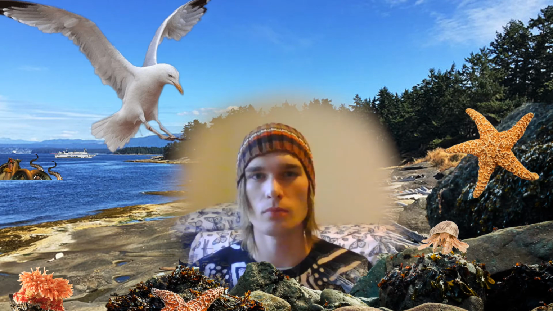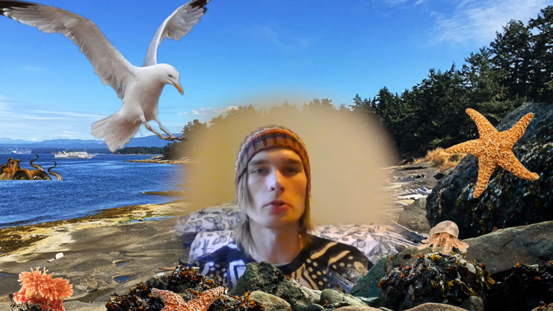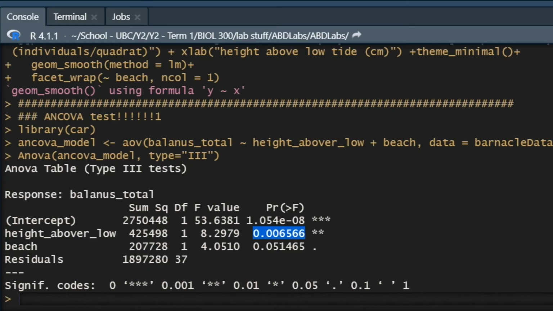Essentially, it compares these two scatter plots against each other to determine multiple things. It can help me determine whether height plays a role, and whether the beaches play a role, in determining the invertebrate counts. I have one of these up here for the Balanus totals, so this would be the height playing a role in the Balanus counts. You can see I got a p-value of 0.0065.